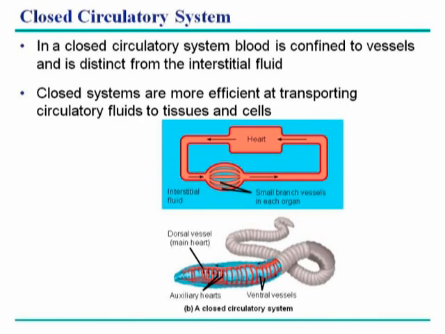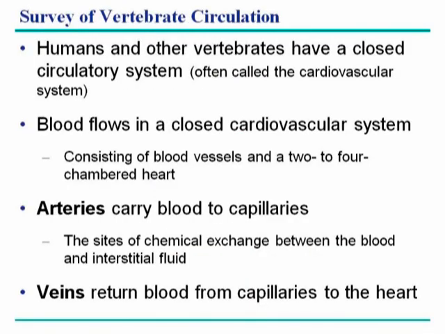Survey of vertebrate circulation. Humans and other vertebrates have a closed circulatory system, often called the cardiovascular system, consisting of blood vessels and a two- to four-chambered heart.